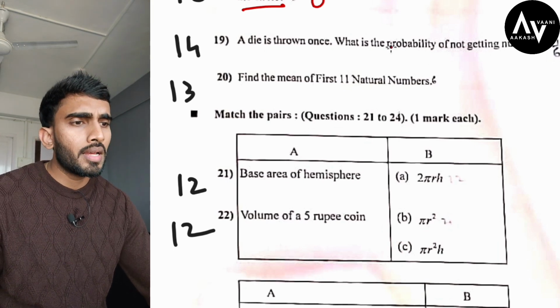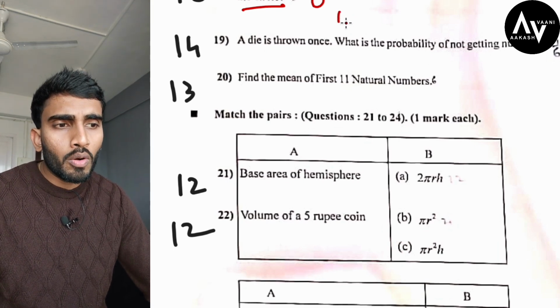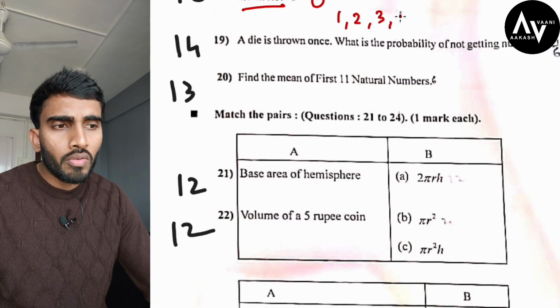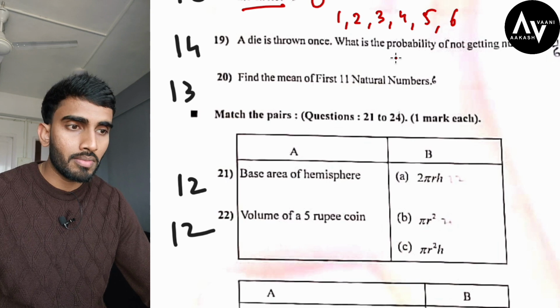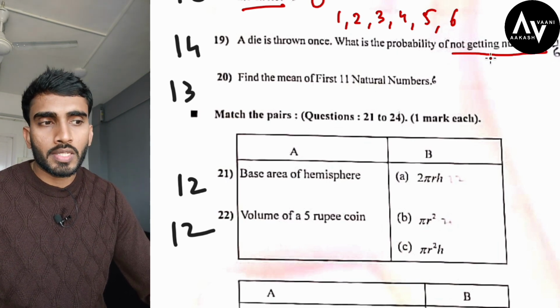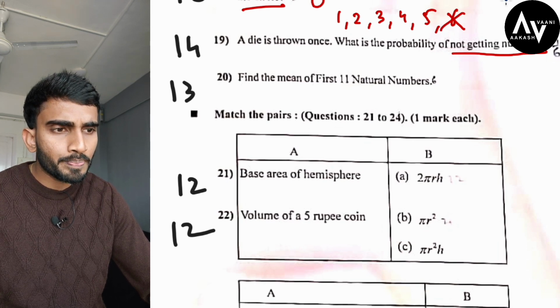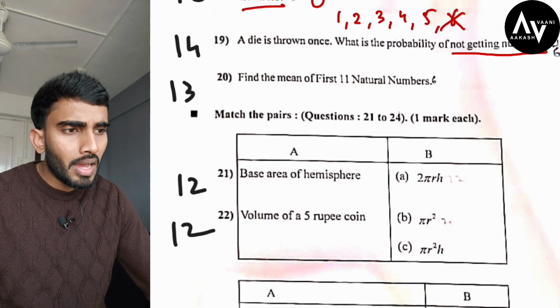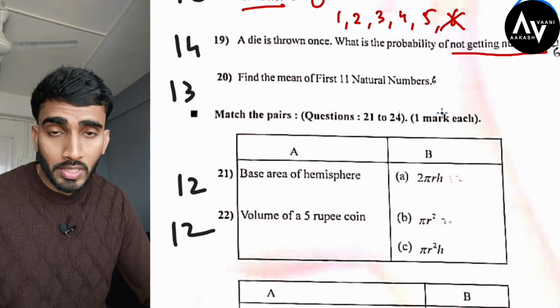When we throw a die, there are 6 different outcomes: 1, 2, 3, 4, 5 or 6. Out of the 6, any one can come. For not getting number 6, we have the other 5 options out of a total of 6 options. So the answer to this question is 5 upon 6.